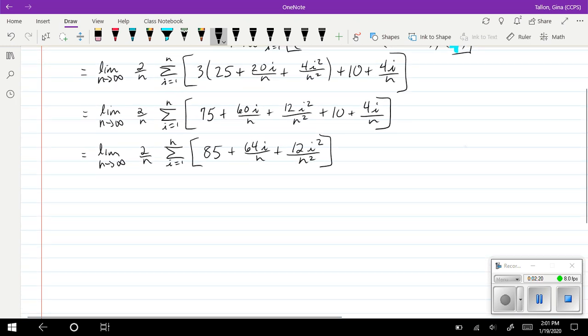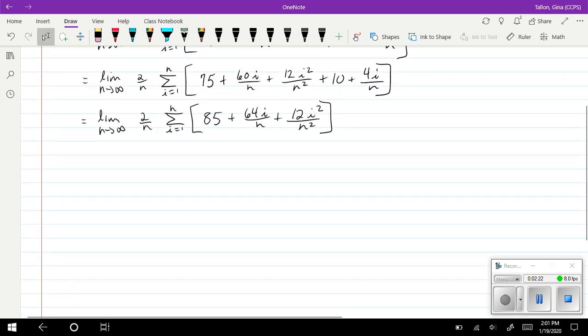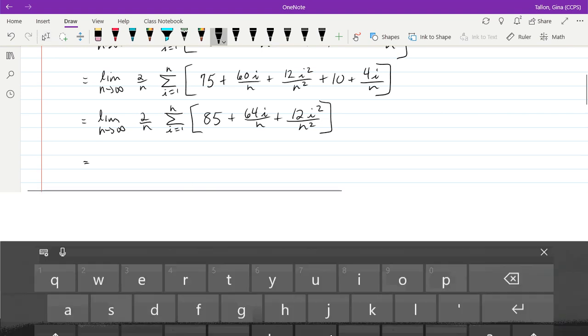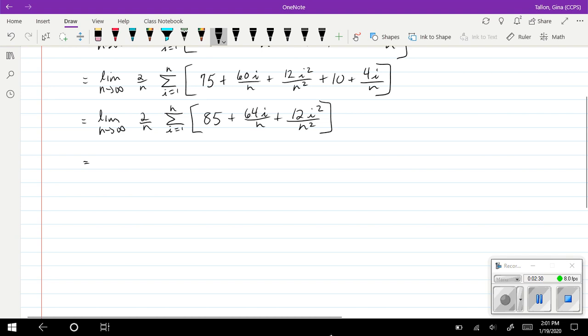Okay, next step is actually one last summation property, which means we are going to distribute that summation and apply it to each of the 3 terms inside. So I am looking at the limit as n approaches infinity of 2 over n multiplied big bracket here. This is the summation as i goes from 1 to n of 85. And I don't think that n looks very nice.